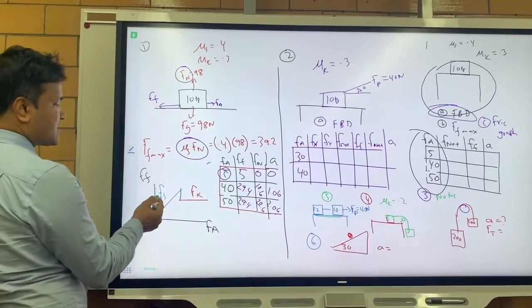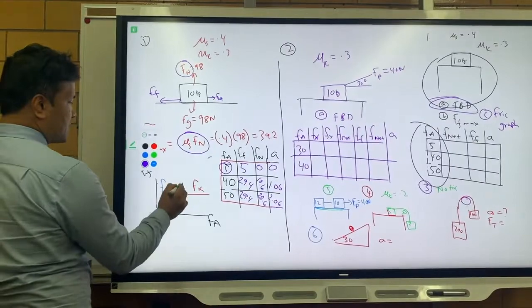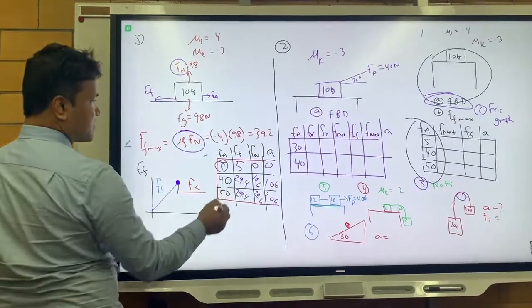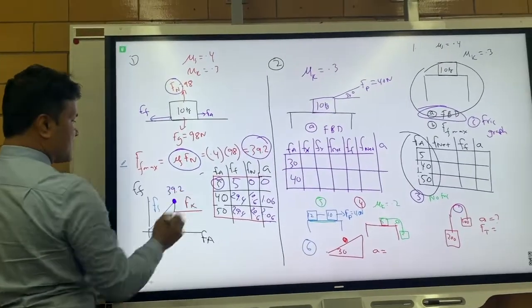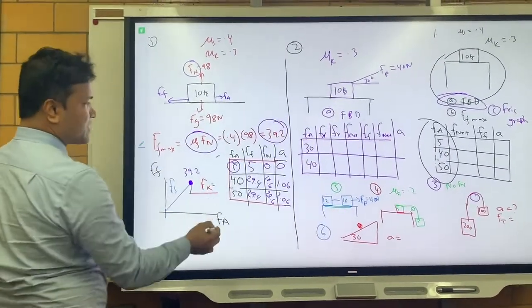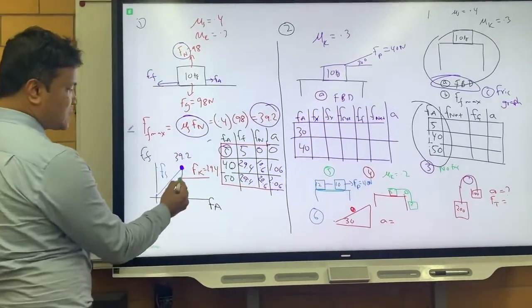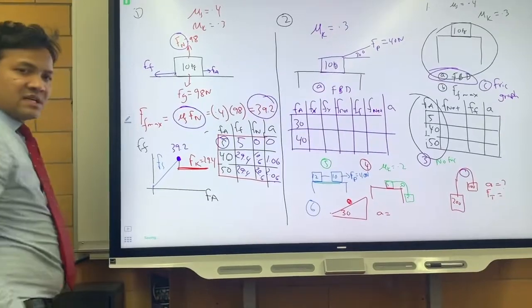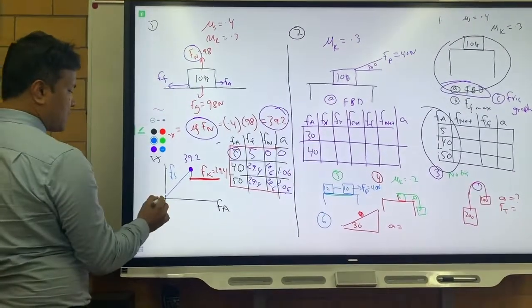What is our static friction? Our maximum. What does the peak represent? The peak represents 39.2. What does Fk represent for our problem? Fk for this problem is 29.4. Fk is constant, that's why Fk is the line. What about the blue?